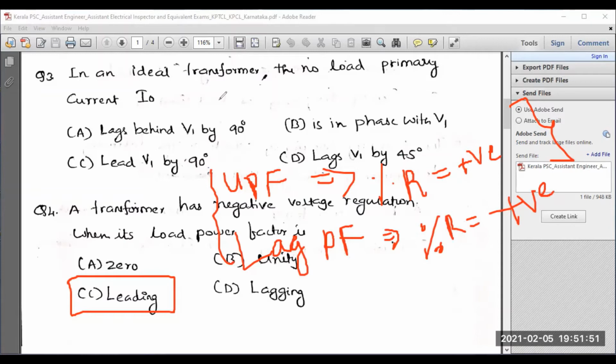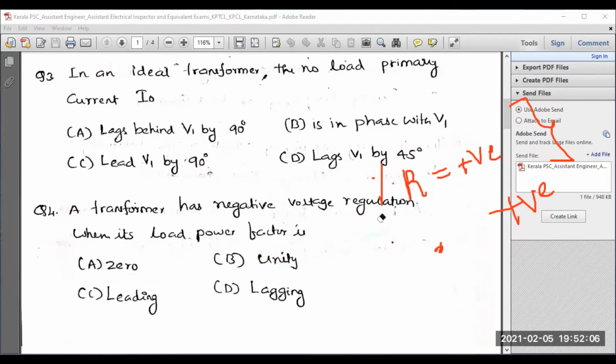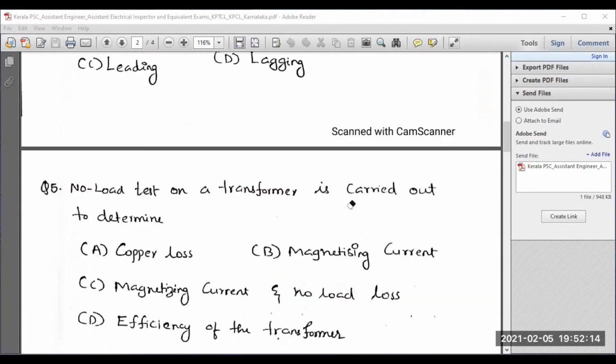Definitely, you will come to know. Okay, so for leading power factor, the regulation is negative. For UPF as well as lagging power factor, percentage voltage regulation will be positive. Actually, the value of regulation should be as minimum as possible for a better performing transformer everywhere.